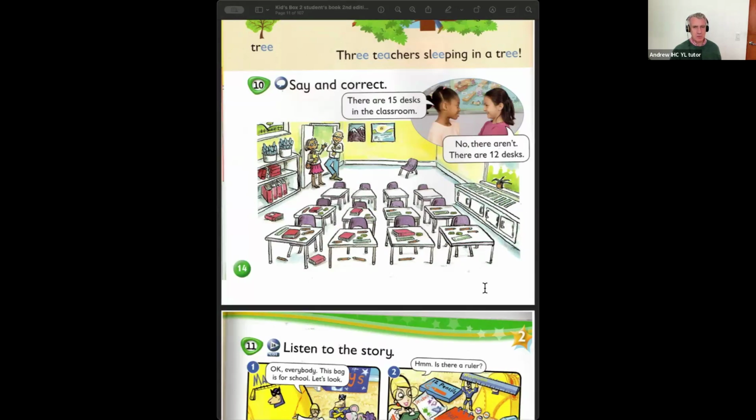Let's have a look. Who's going first then? So let's help the teachers who are here first.